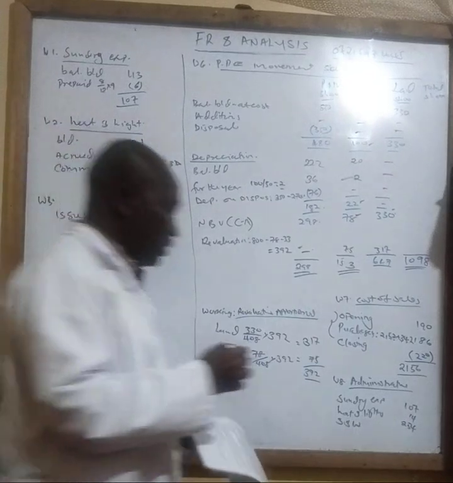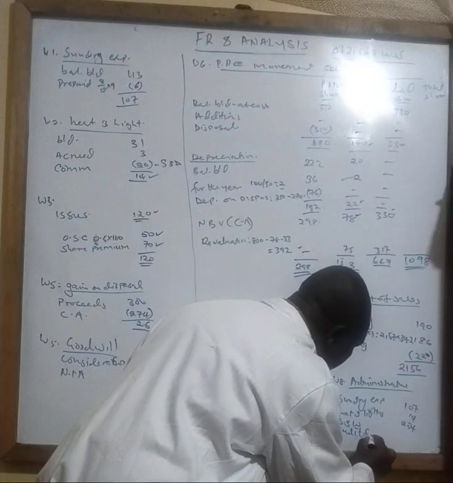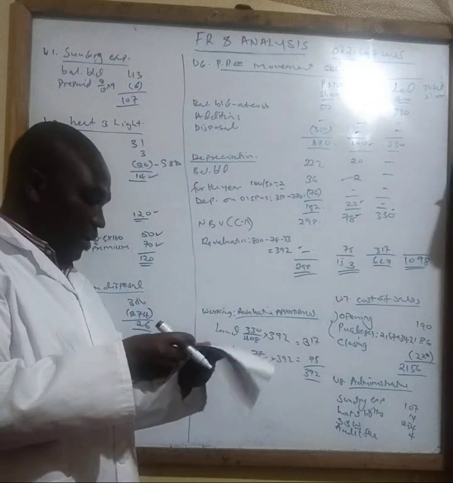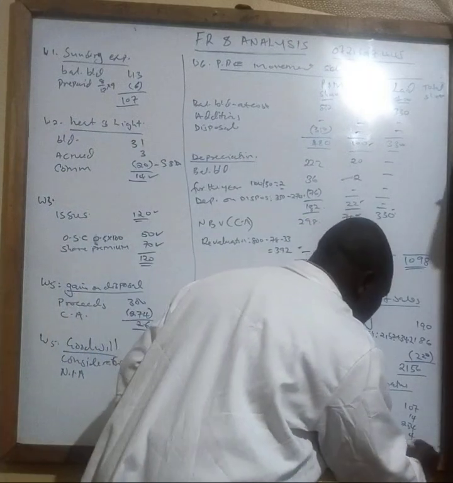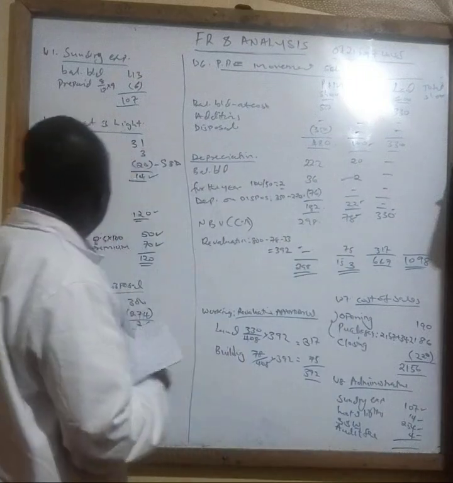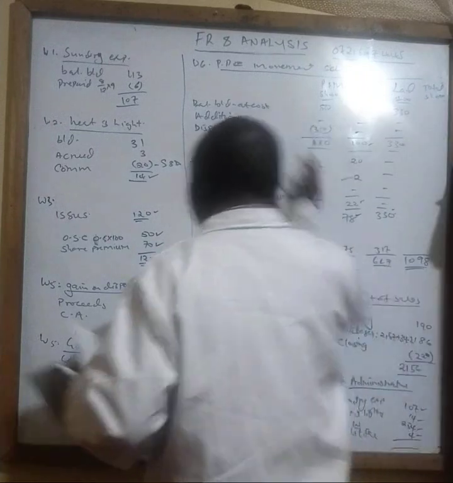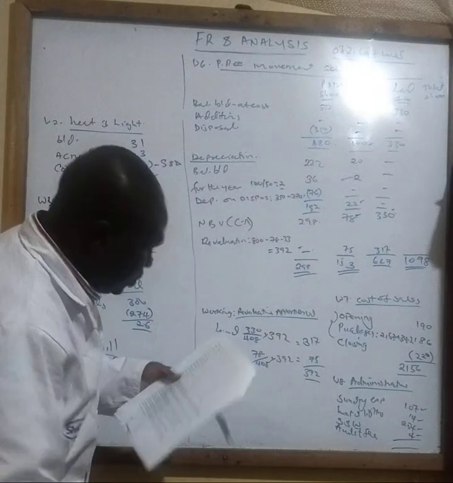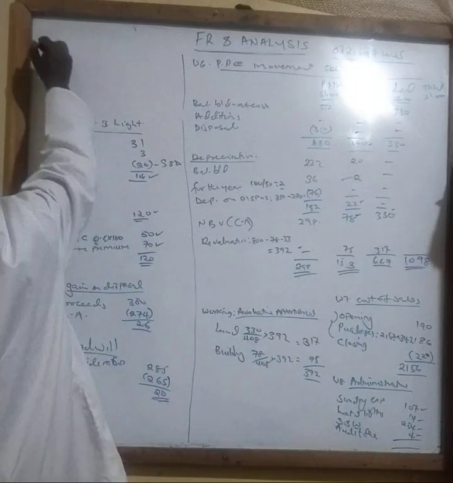Audit fees are administrative. So if you add now that, it has to give you the figure that you are supposed to use. So you add this. Then we go now to our selling and distribution expenses.